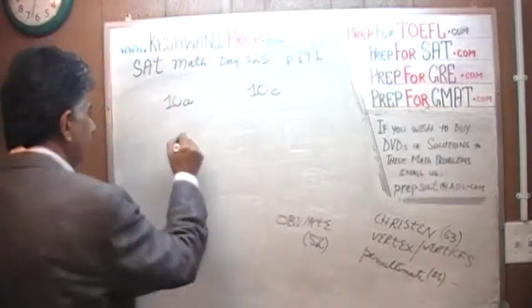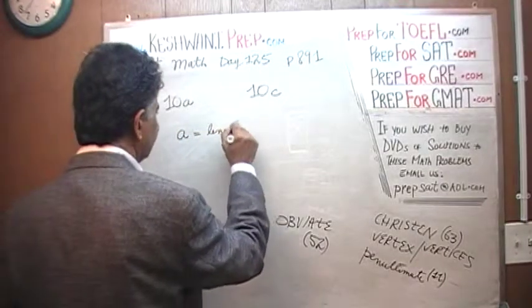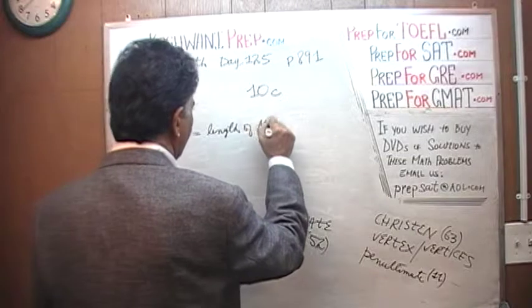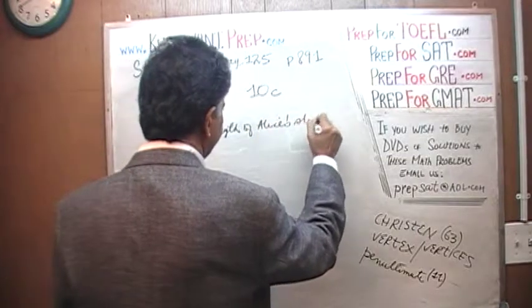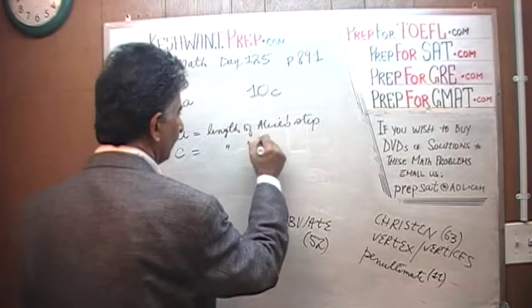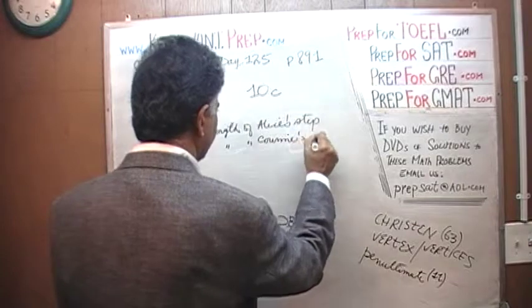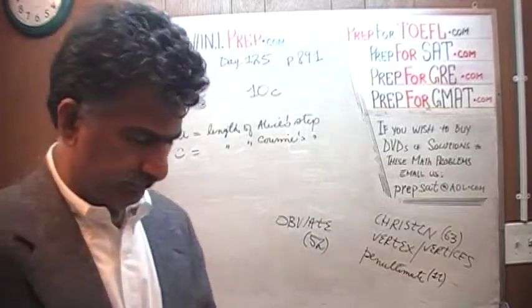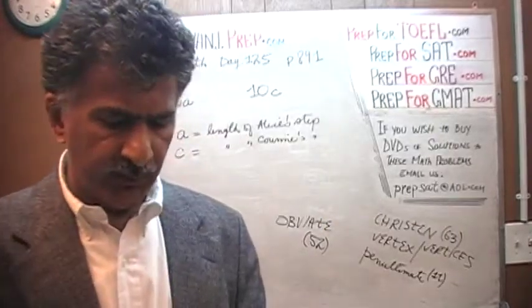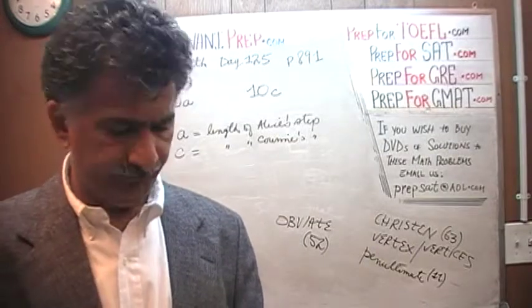I'm using A to represent the length of Alice's step, and I'm using C to represent the length of Corinne's step. One more time. They each take 10 steps in opposite directions away from each other and stop.